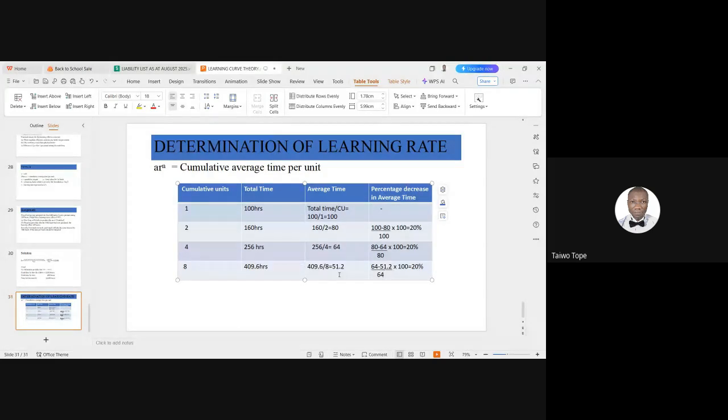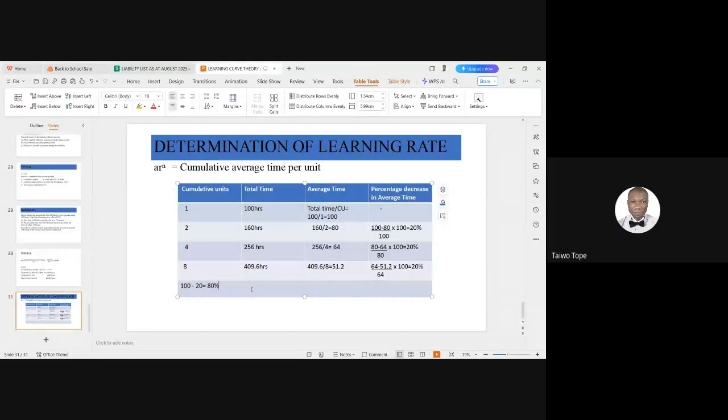So the implication of this is now what? The learning rate will be consistent, 20% decrease. In terms of percentage, it means you have a whole of 100. Now, when there's a decrease of 20%, only 80% is left.